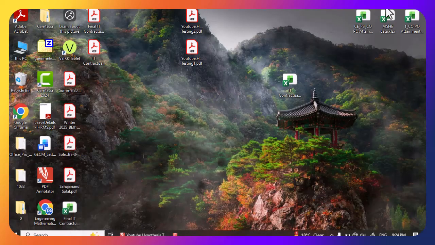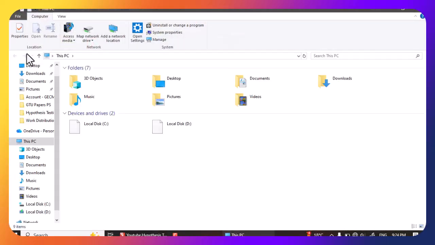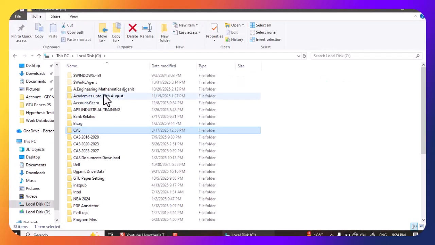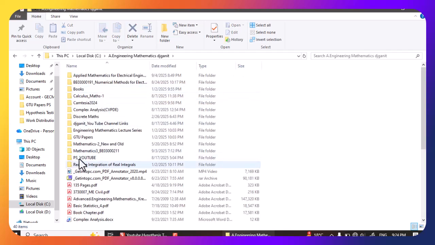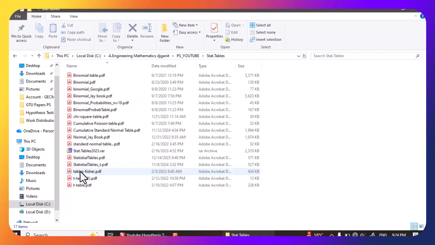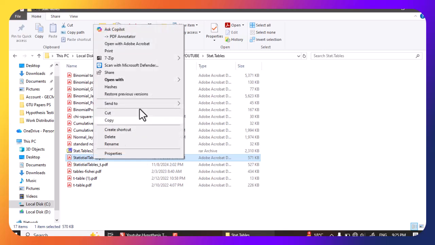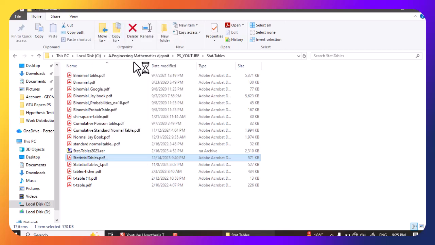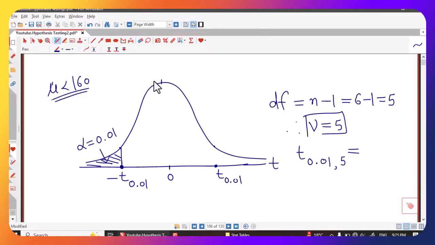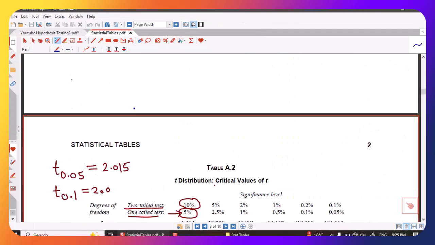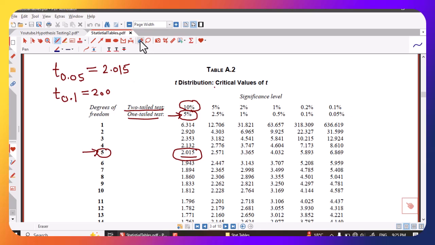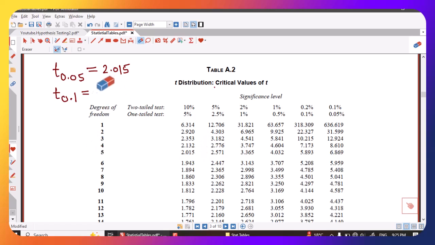So now we try to find out values from the t distribution table. Let me find the statistical tables here. Here I have statistical tables, and we try to obtain the critical value of t using the t distribution table. So this is the cumulative standard normal table, and here we can see the t distribution, where critical values of t are given for different degrees of freedom and for both two-tailed as well as one-tailed tests.